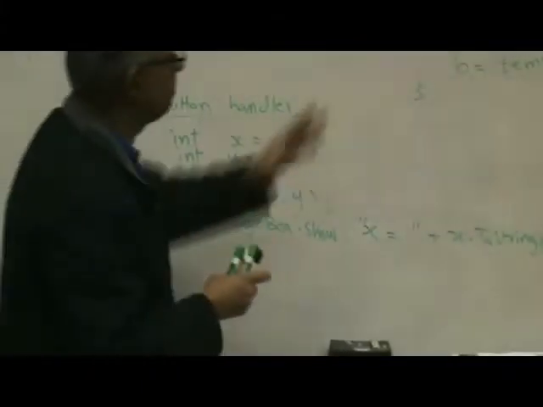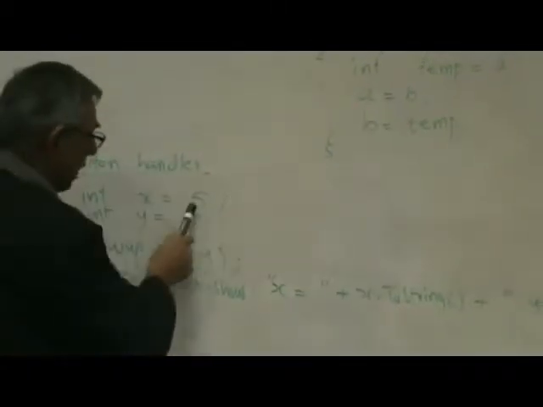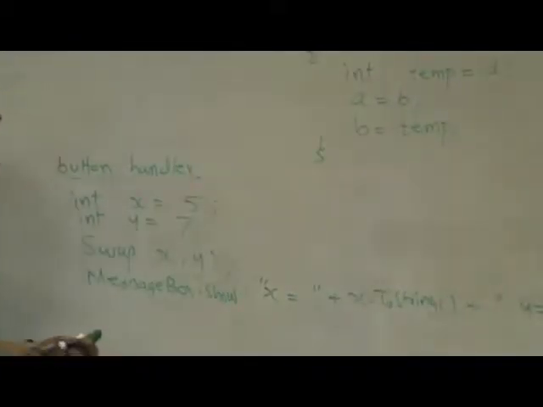If we run this program and click on this button, and pretend this swap method is also written inside the same form class, what will be our output? What's your guess? Will it be 5 and 7, or will it be 7 and 5?